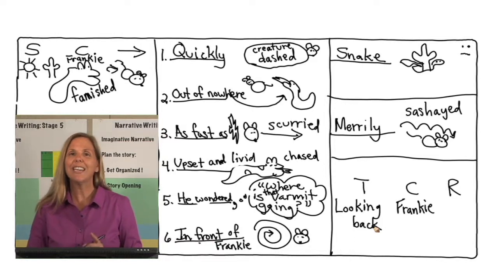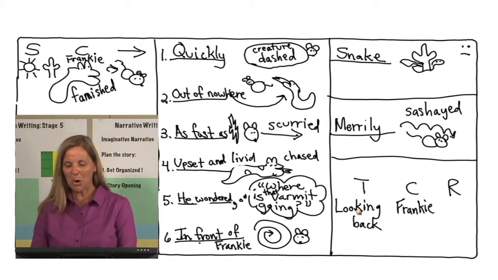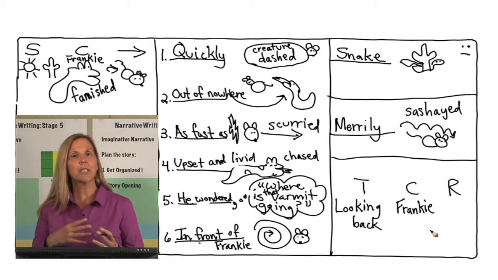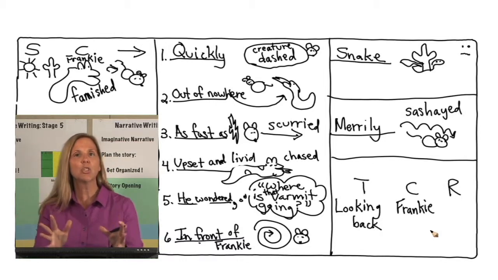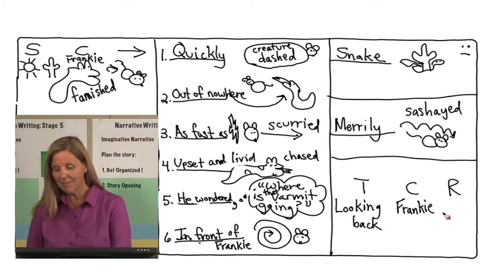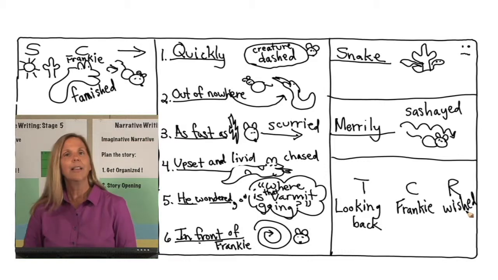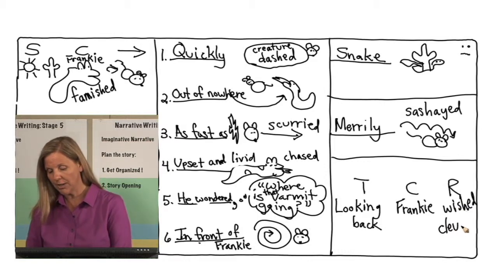Looking back, Frankie discovered that a cactus can be a mouse's best friend. Let's go and figure out which one we want. So notice I'm giving many different ideas of how you can make a reflection. Kids will talk with each other and they'll come up with what they want. Looking back, Frankie wished he was more clever. So I'm going to just write the word clever here.